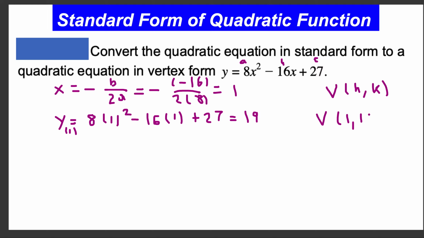Now we can convert this standard form of the quadratic equation into the vertex form. The vertex form is y is equal to a times (x minus h) squared plus k.